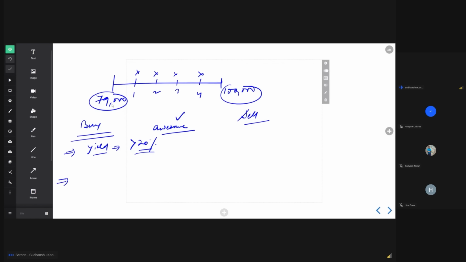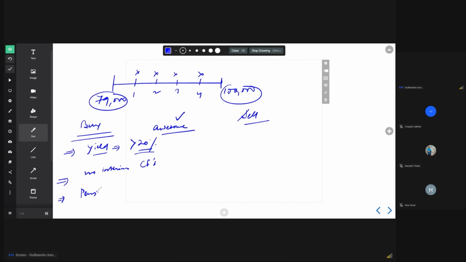The opposite point here is that you are not getting any interim cash flows, right? Now, who will like such kind of thing? Such kind of thing is generally liked by your pension funds.